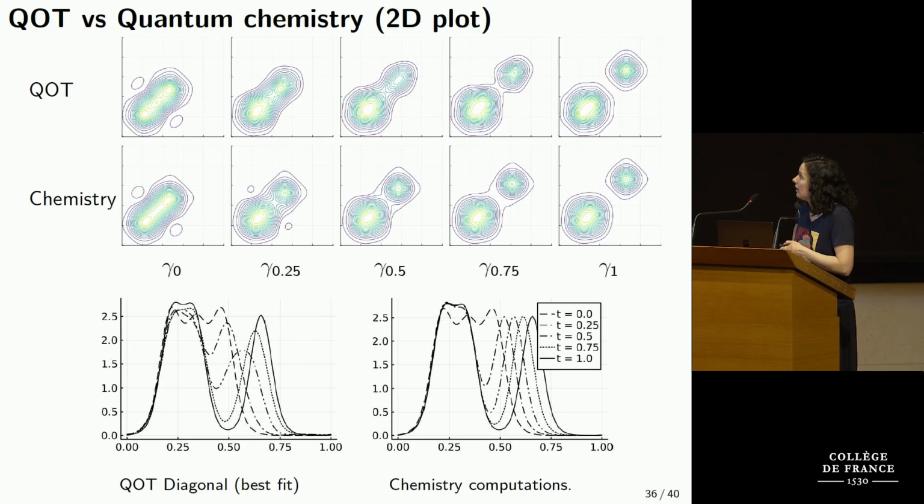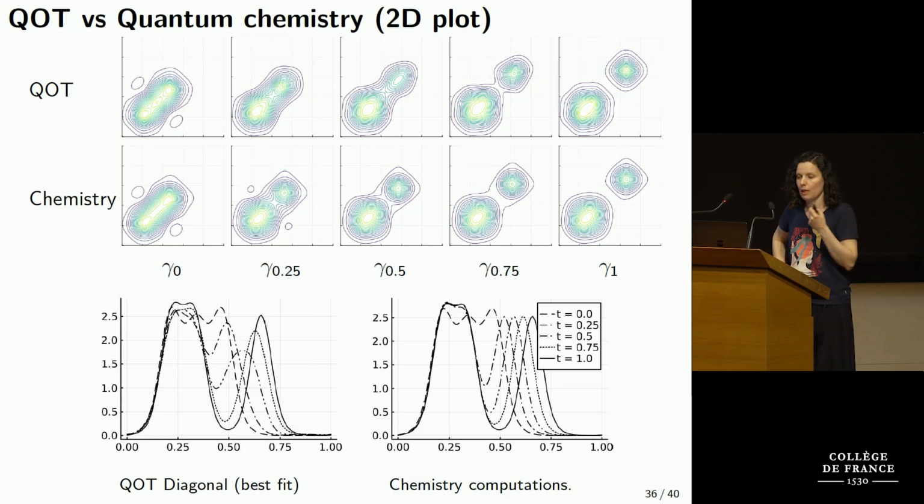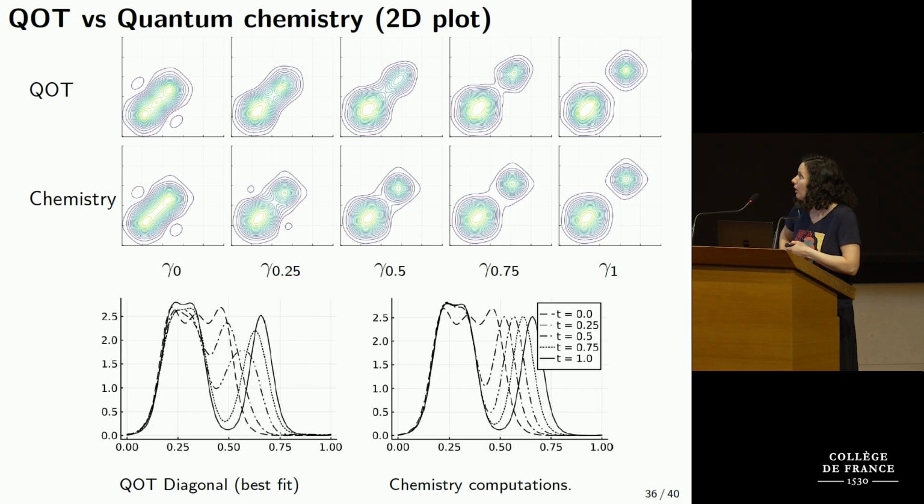And on the first plot, I compute the quantum optimal transport distance between the leftmost picture and the rightmost picture. And so what we see is that the geodesic for this quantum optimal transport distance matches very well with the chemistry curves of density matrices.